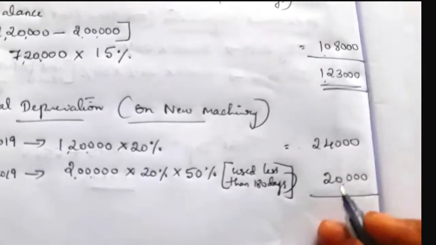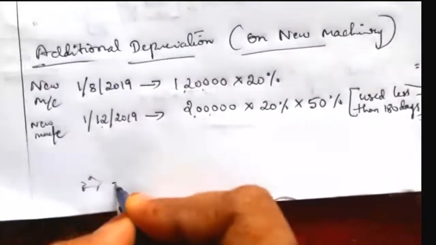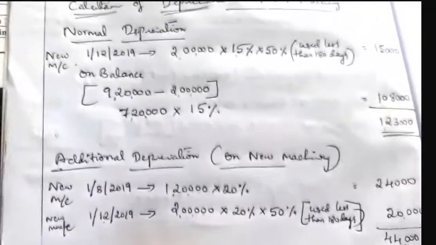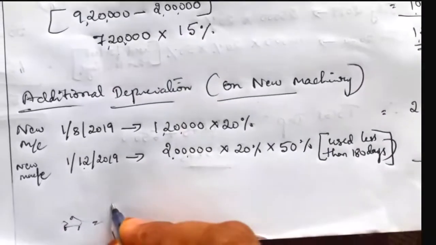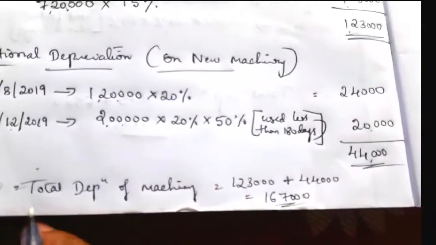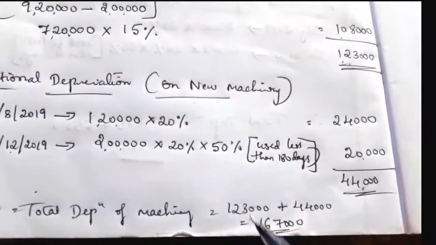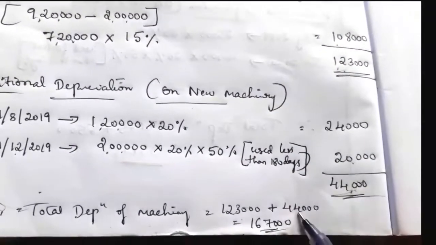So 2 lakh into 20% into 50% is equal to 20,000. So total 44,000 is the additional depreciation. So now, total depreciation of machinery is equal to normal depreciation 1,23,000 plus additional depreciation 44,000.